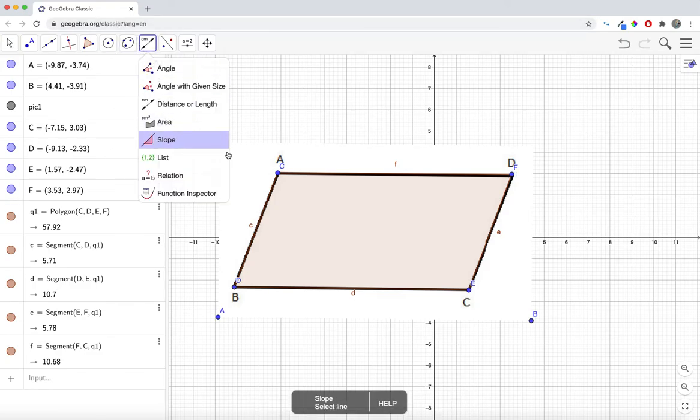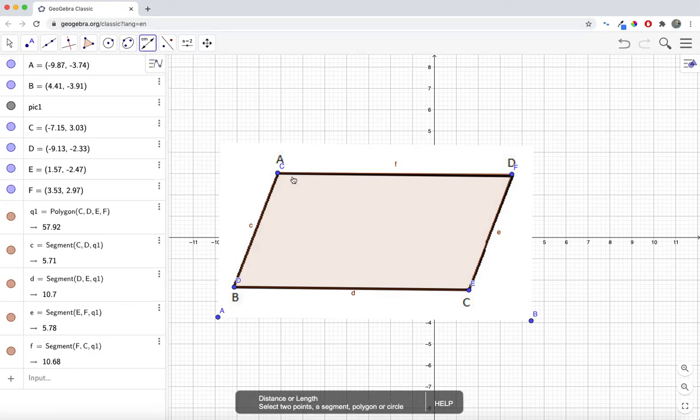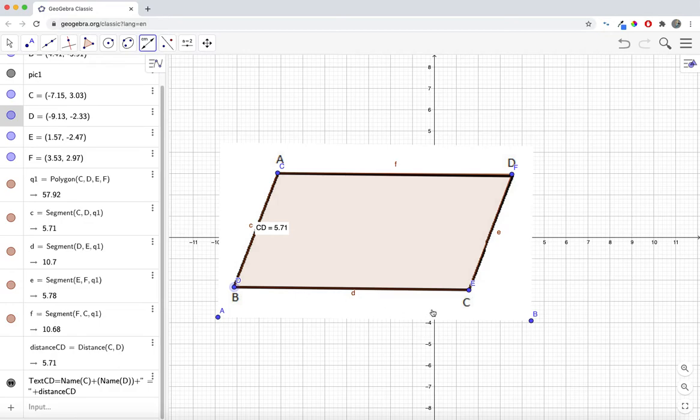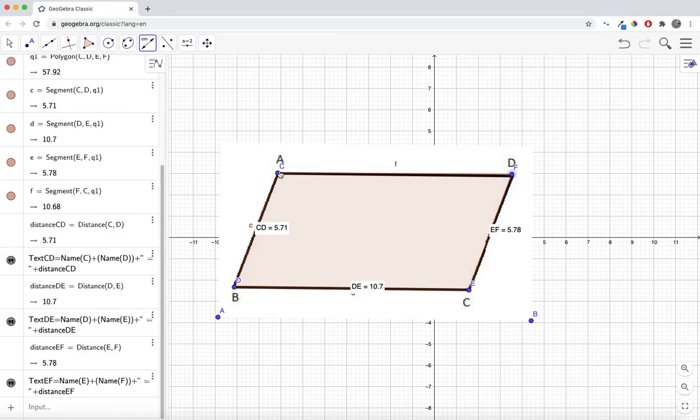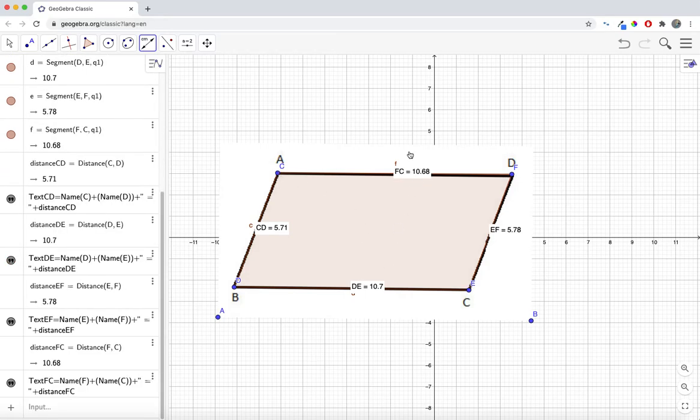Okay, now we want to measure a length, so we're measuring that the opposite sides are congruent. So if I just measure all these sides, so D to E, or B to C. Okay, now we can see the opposite sides are 5.71, 5.78.